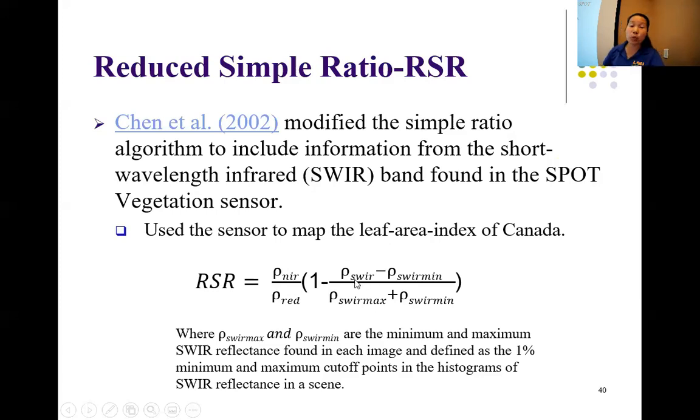SWIR is shortwave infrared, and SWIR min and SWIR max refer to the minimum value and maximum value in that band. So if you have SPOT image, you find that shortwave infrared band and read out the minimum value of that band, maximum value of that band, and then you can calculate this equation here.